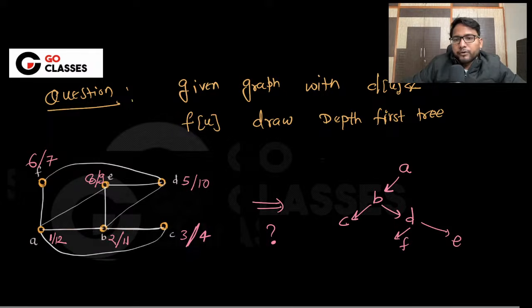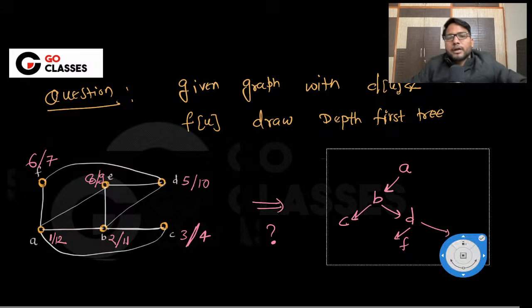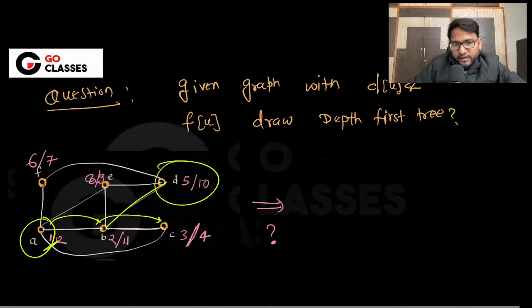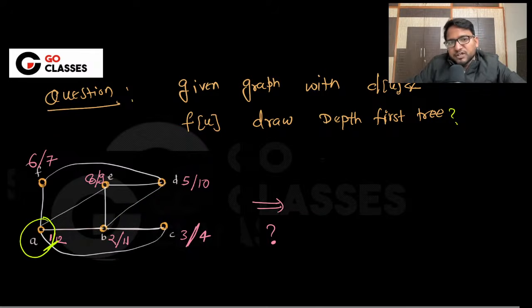Suppose this tree is not given to you, then how will you draw it? Can anyone tell me? You would say, okay, this A is here. Because this is 1, you might have gone to 2, this B, then C, then 4, then you must have backtracked, and from this B, where is 5? This is D, right? So from this B, you might have gone like this. That is one way.